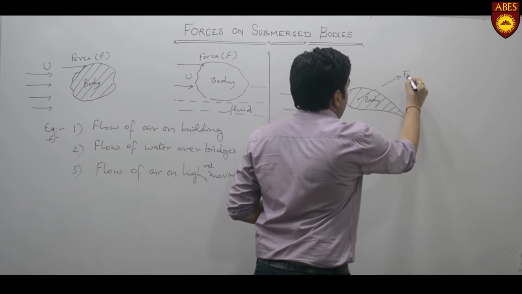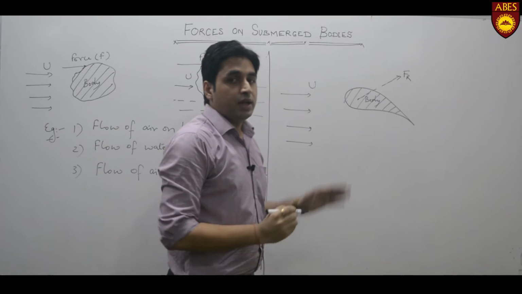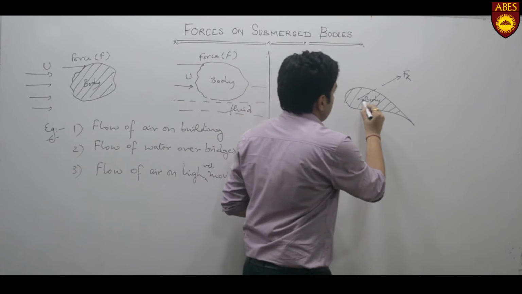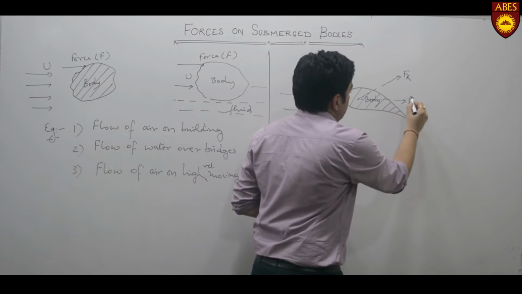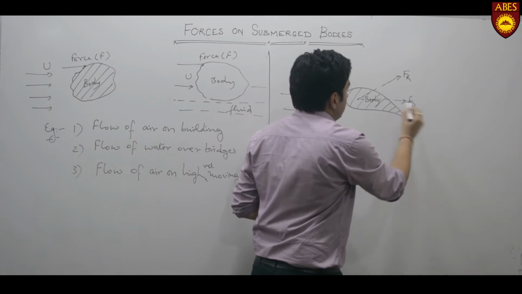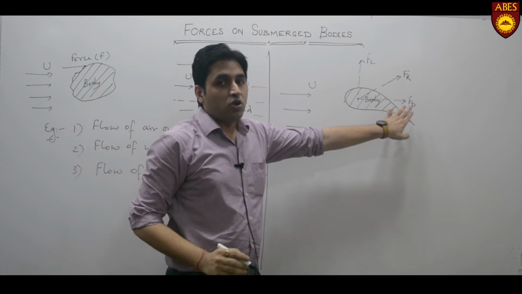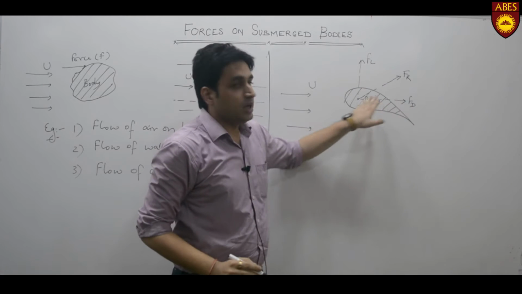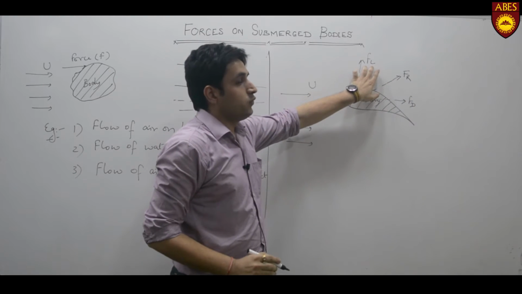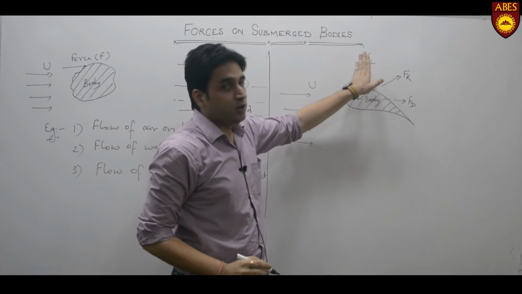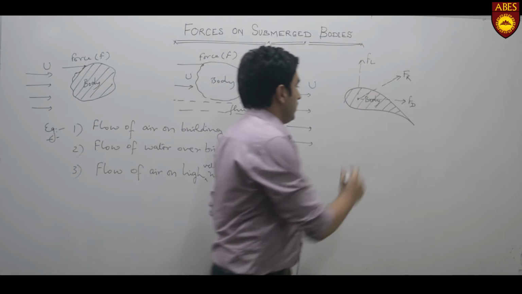This force Fr will be the resultant force acting on the body, and we can divide this resultant force into two components, Fd and Fl. This is called the drag component of the resultant force, which is in the direction of motion, and this one the lift force, which is perpendicular to the direction of the flow.